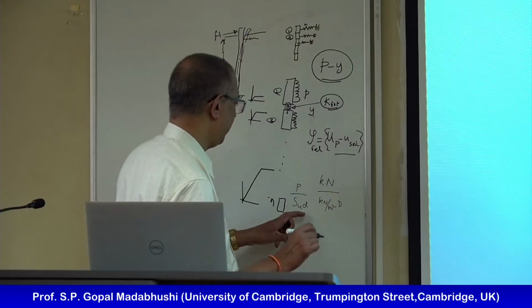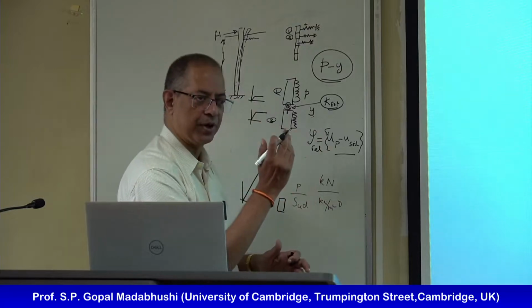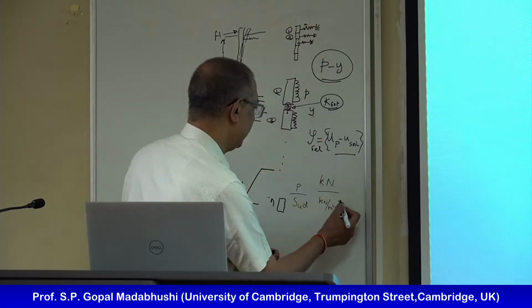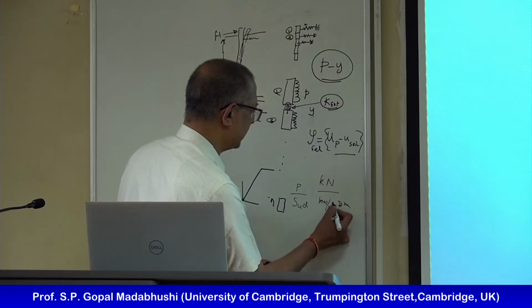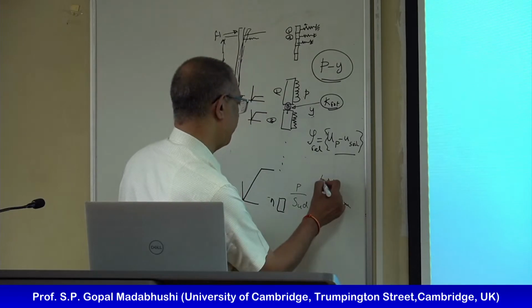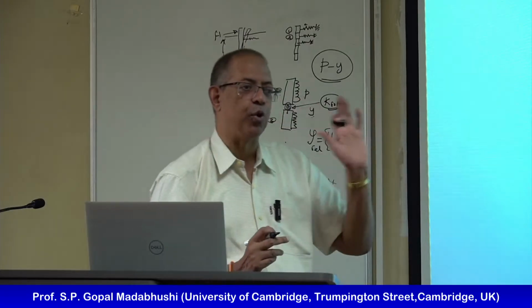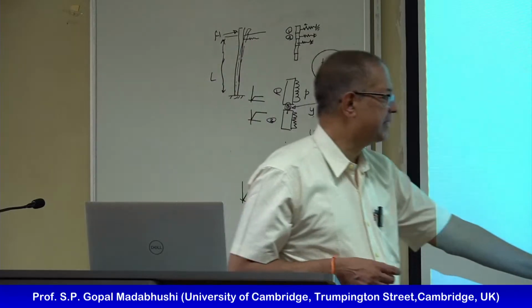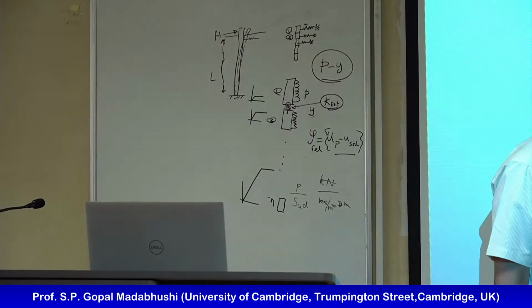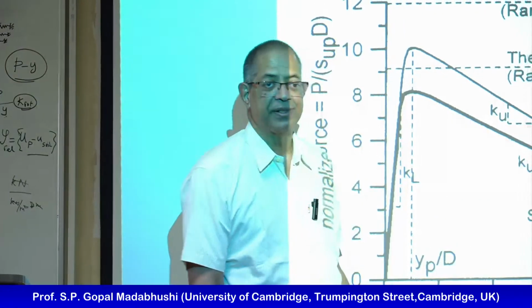Also, this is all done per meter depth of soil. Therefore this cancels, this is in meters, so that cancels, and I'll end up with a non-dimensional group when looking at force per meter depth. Similarly, the displacement divided by the diameter of the pile will give me non-dimensional displacement.